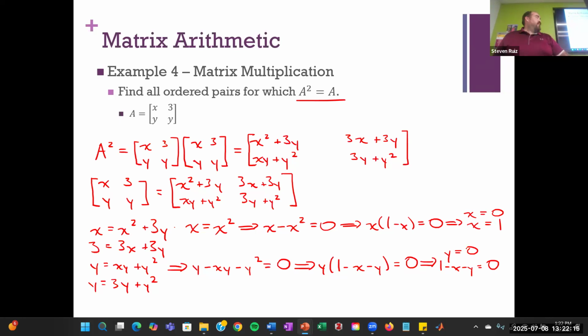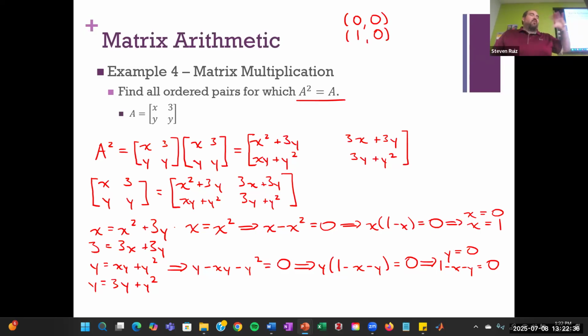So now here's what we have. We found that y equals 0, and as a consequence, x could equal 0 or 1. So here are some possible solutions: 0, 0, and 1, 0.